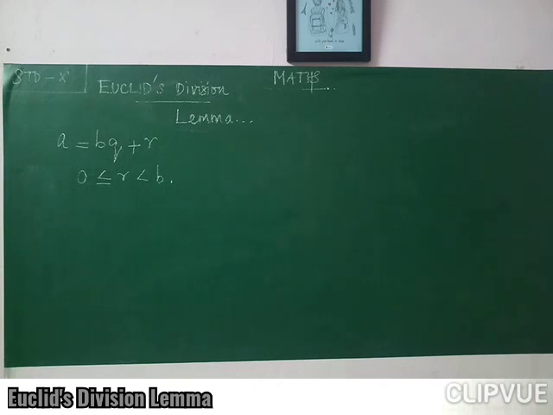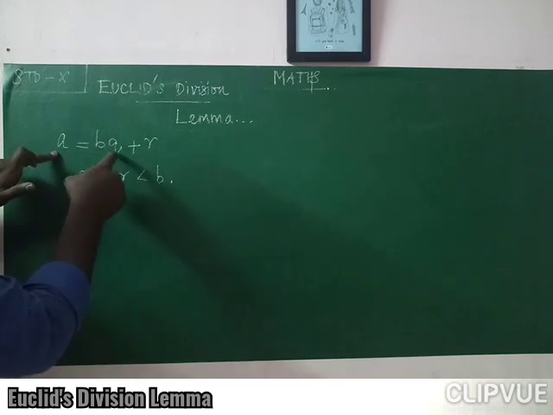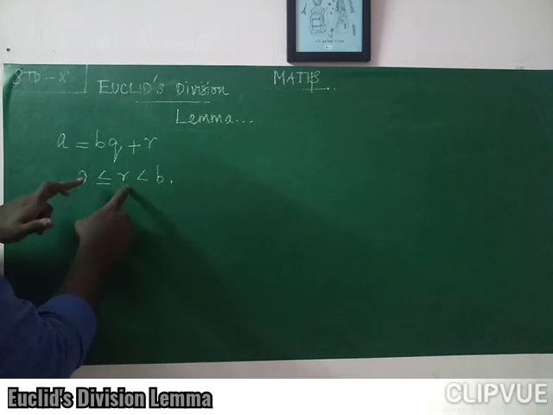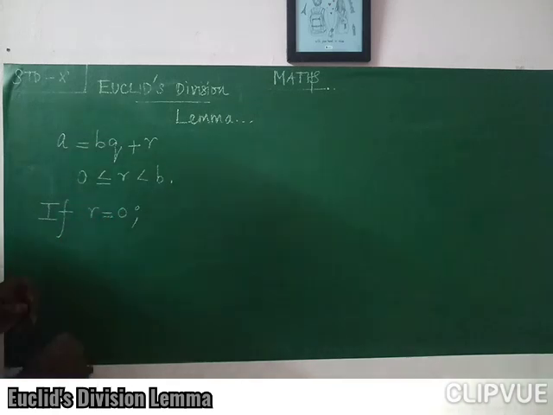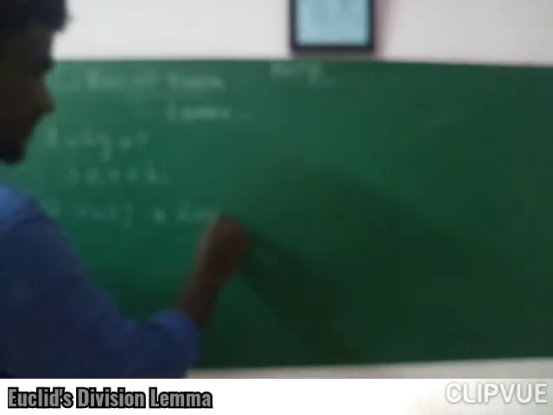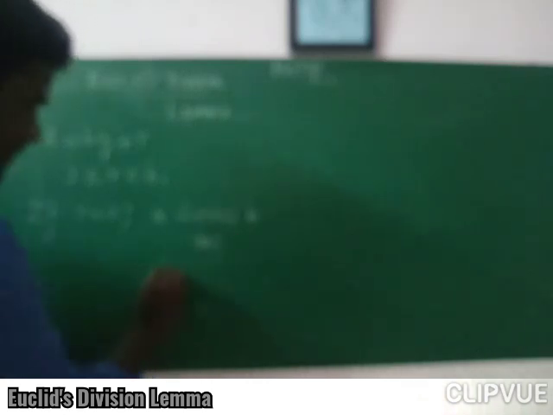Dividend equals divisor into quotient plus remainder, where the remainder value lies between 0 and b. If r is equal to 0, it means a divides b, or b divides a.